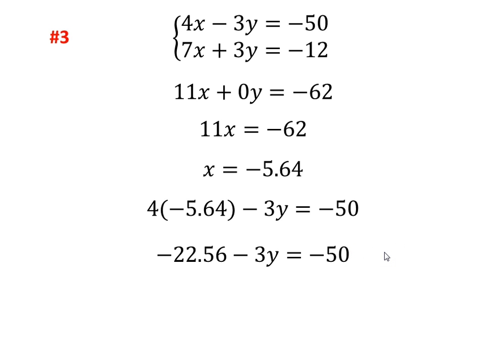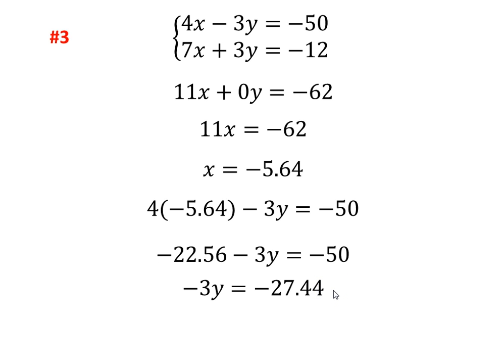Using algebra to solve, I'm going to add 22.56 to both sides of this equation and get -3y = -27.44. The -3y is right here, and the -27.44 comes from -50 plus 22.56, because we add 22.56 to both sides to eliminate it from the left-hand side.